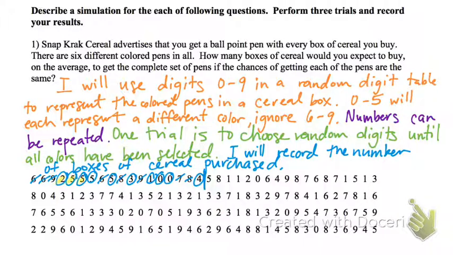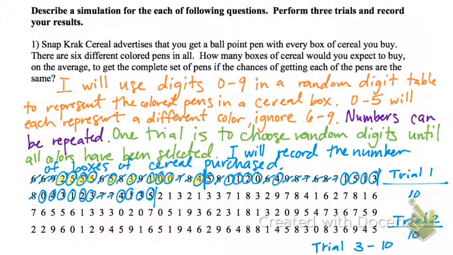So that's 1, 2, 3, 4, 5, 6, 7, 8, 9, 10. So for trial 1, I had 10 cereal boxes. So try trial 2 and 3. So when you conduct the 3 trials, 10.